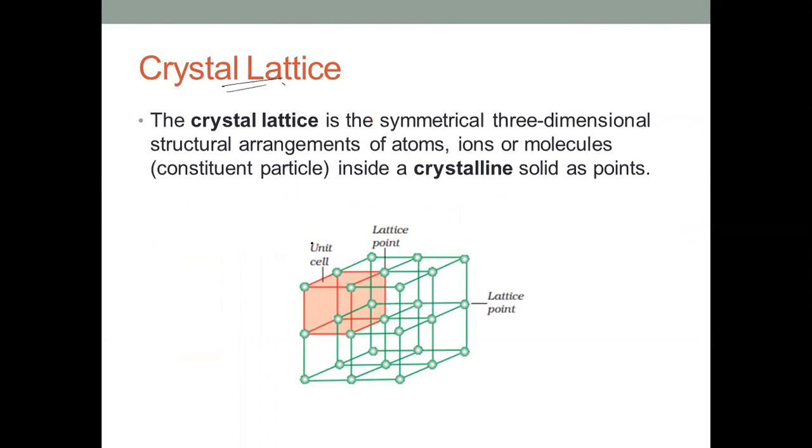If I'm taking a regular solid, I mean the three-dimensional structure of any solid, the arrangement of these constituent particles, that means the atoms, ions, or molecules, is called the crystal lattice.